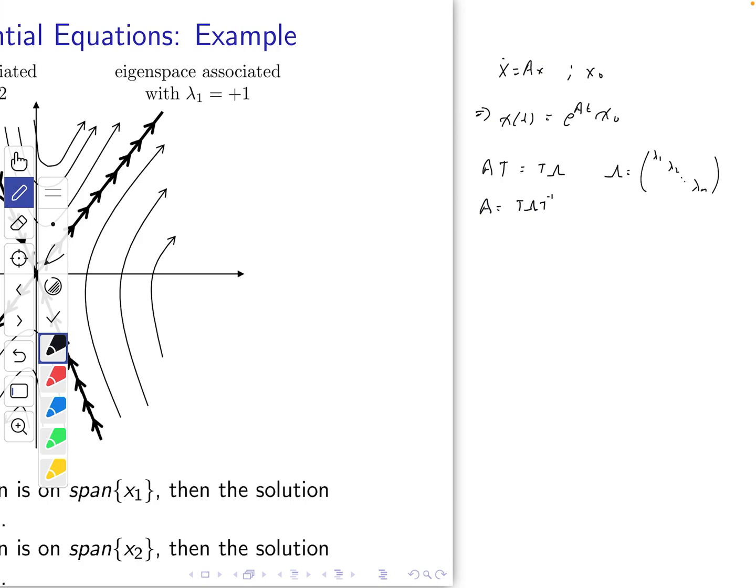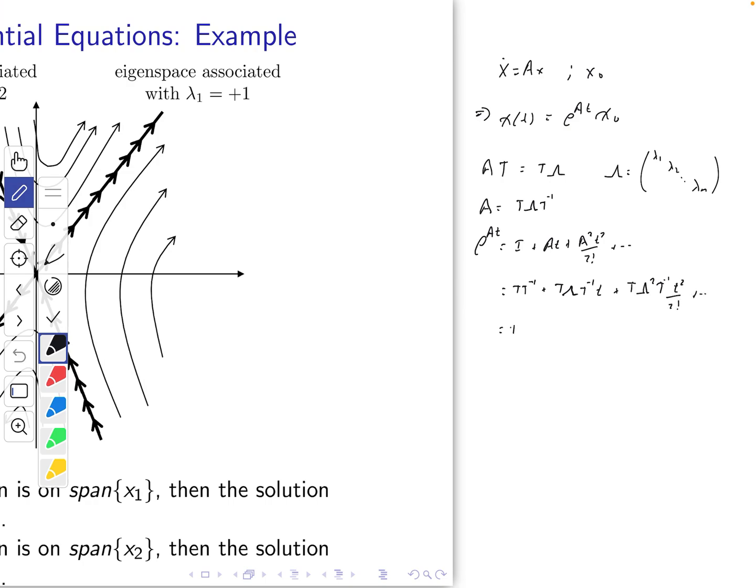So we've already seen that e to the At, we've done this before, is I plus At plus A squared t squared over 2 factorial plus dot dot dot. I we can write as T T inverse. A is going to be T lambda T inverse little t plus capital T lambda squared capital T inverse t squared over 2 factorial plus dot dot dot.